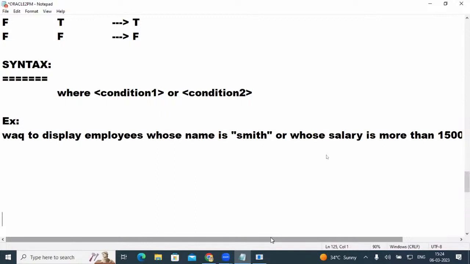Now tell me, can I use the AND operator for this? Whose name is Smith, or else whose salary is more than 1,500.